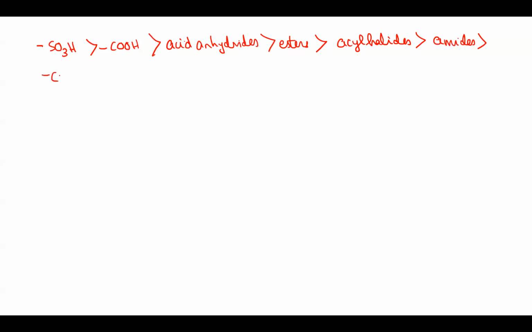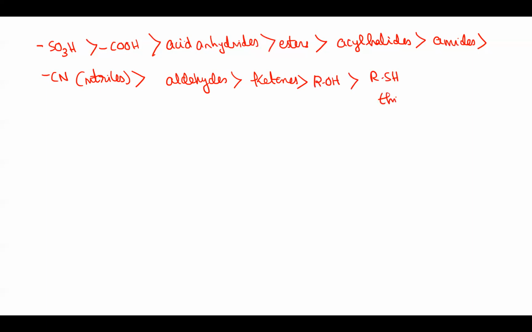Then cyanides, or we can call them nitriles. Then aldehydes. Then ketones. Then alcohols. Then thiols. Thiols are also called mercaptans.